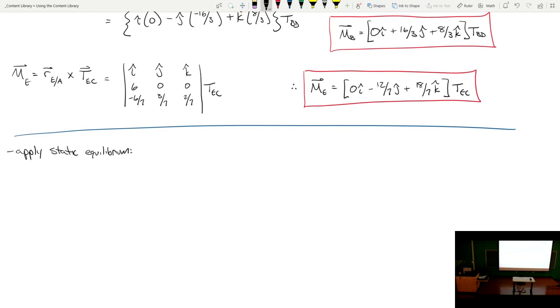Y'all remember that? If there's any lesson that I want you to take away from dealing with rigid body equilibrium in 3D, it is usually advantageous to sum moments first, okay? Makes the problem a little easier. So we're going to sum moments first.